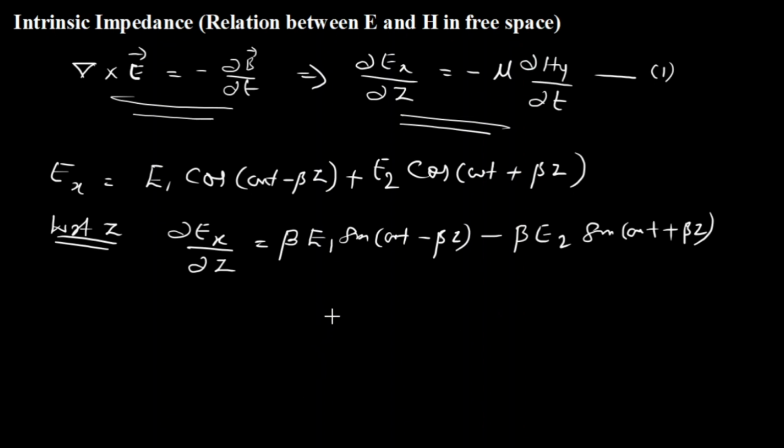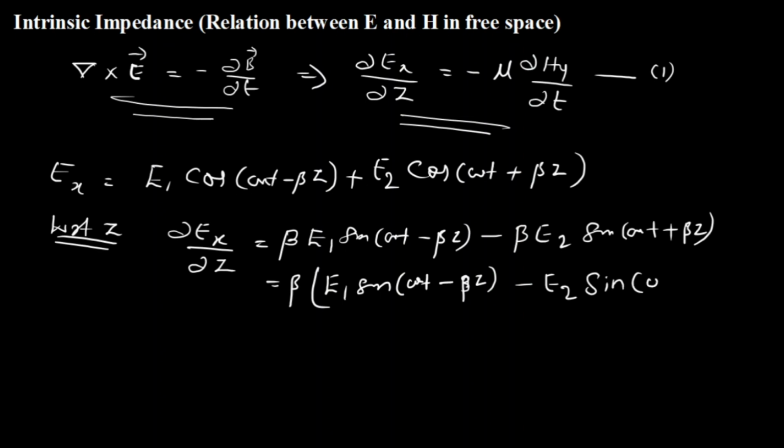Obviously beta is constant and common in both the terms, so I can write it as beta times E1 sin(omega t minus beta z) minus E2 sin(omega t plus beta z).